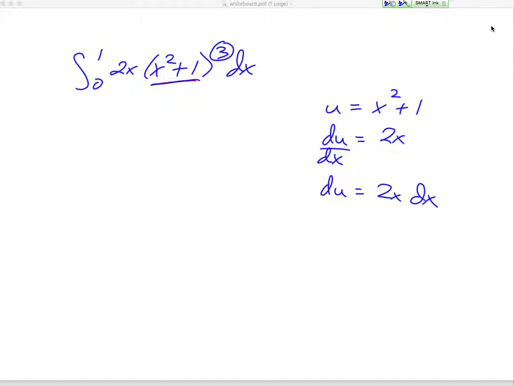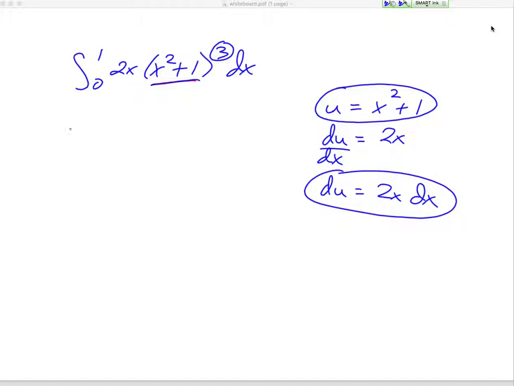So what I'm going to do now is turn this into an integral that only involves u, a non-composite function. I'm going to use this and that to make some substitutions. I need to replace x squared plus 1 with u, so u goes in its place.